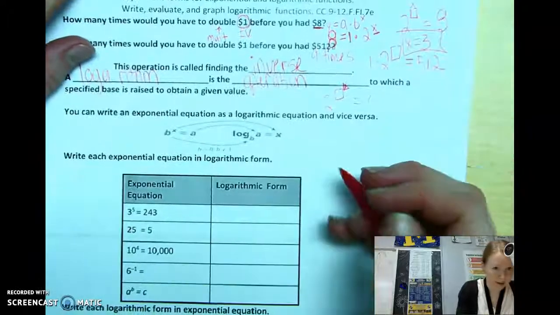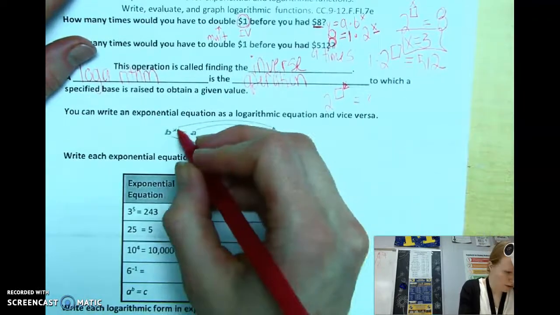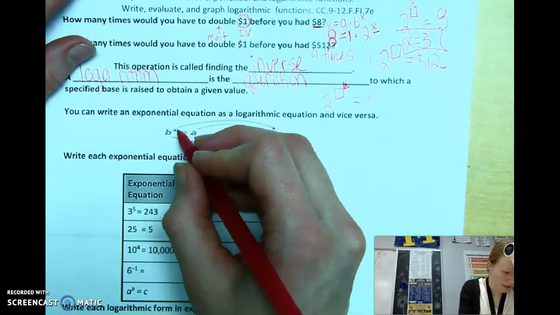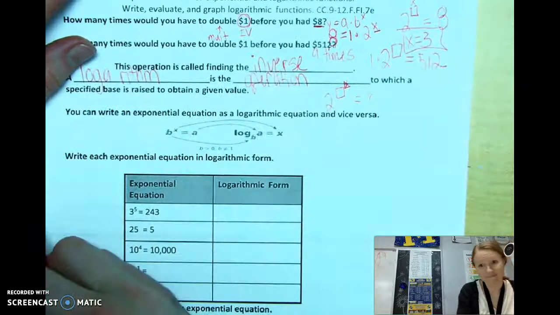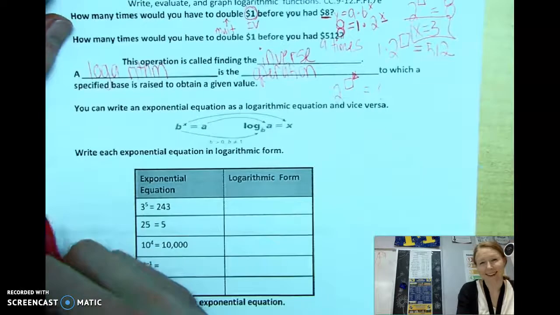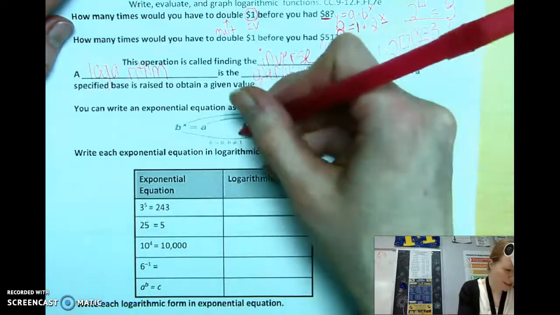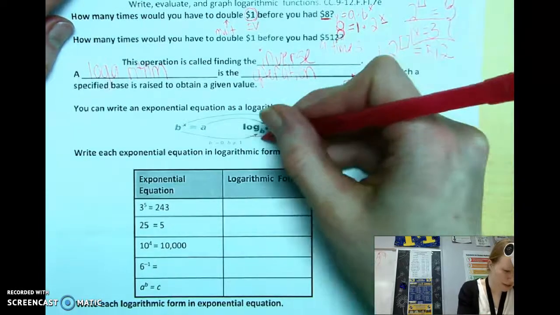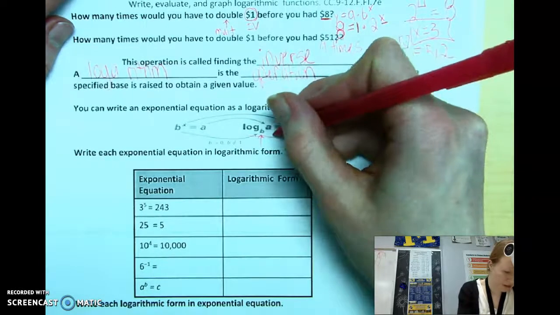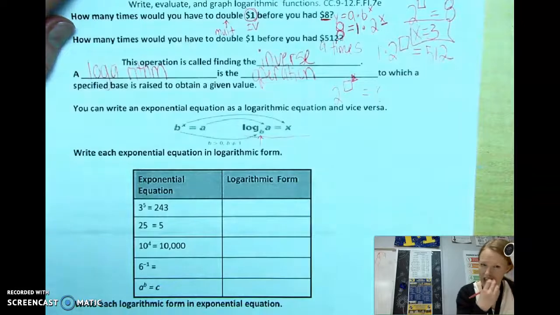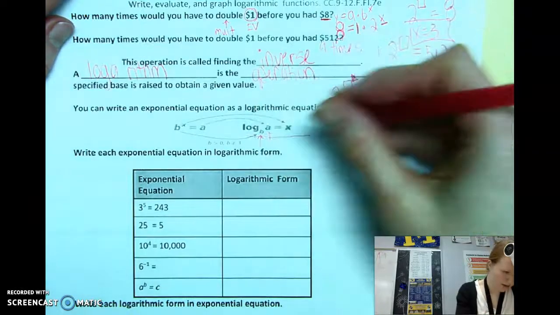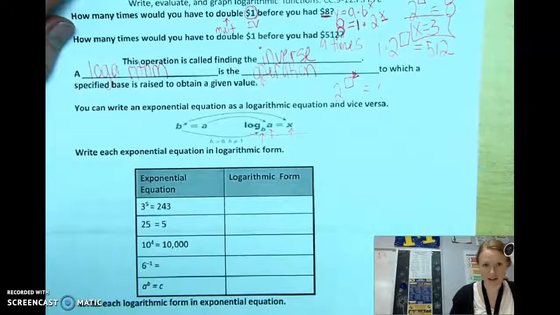So if you are looking for that exponent, so we have some base b, and some exponent x that we're looking for, you can write this as a logarithmic expression. Your base b goes here, the total amount a goes here, and then that exponent x is your final answer.